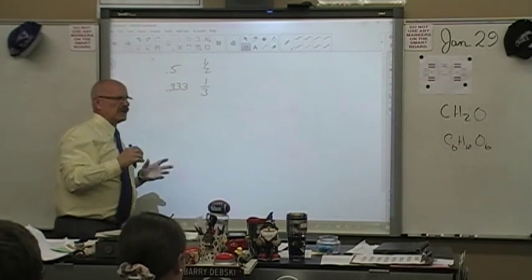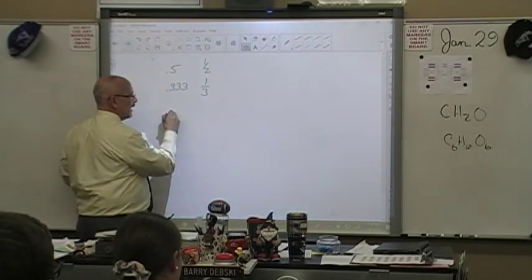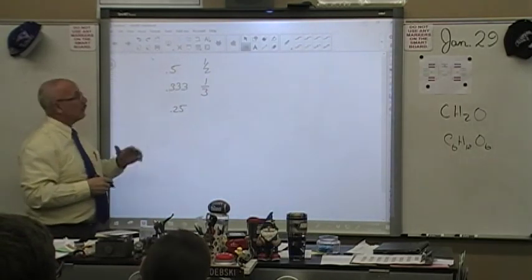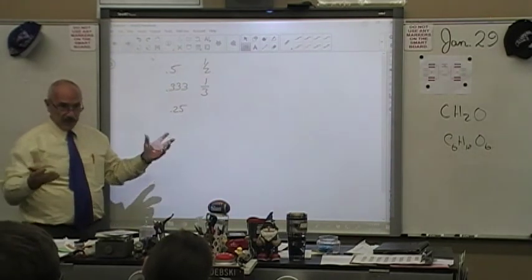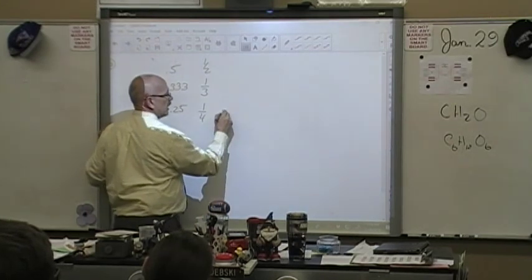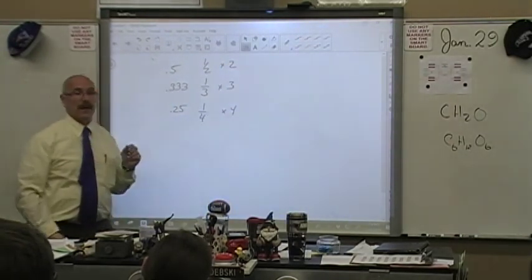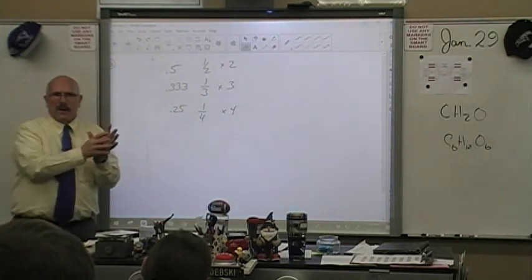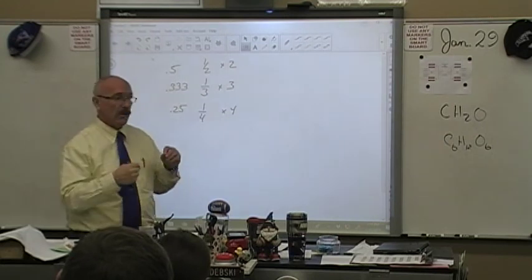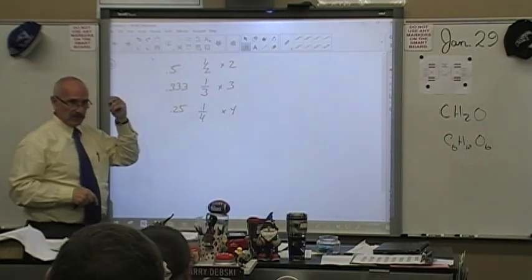How about if you saw one that ended really close to 0.25? When you multiply all of them through, you get whole numbers, and it works out, you multiply by 4. So this would be times 4, times 3, times 2. You may occasionally see one where you get stuck, you get the mole ratios like, what? So look for a way to multiply by something to get rid of that one straggler.